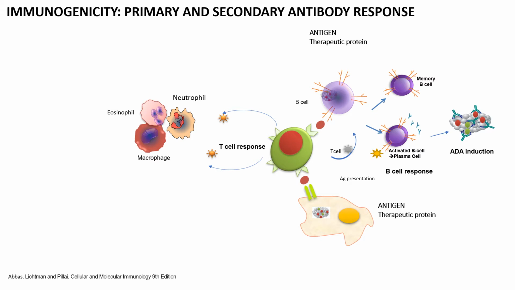The cellular immunogenic response is different from the B cell response. This talk will focus on the induction of antidrug antibodies and how the memory cells produce antidrug antibodies. How can we differentiate and interpret them?